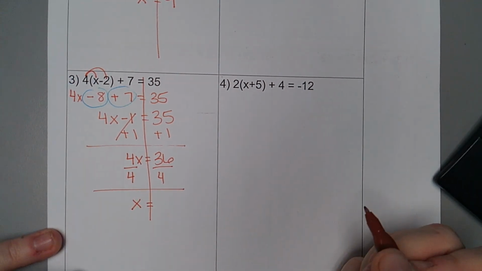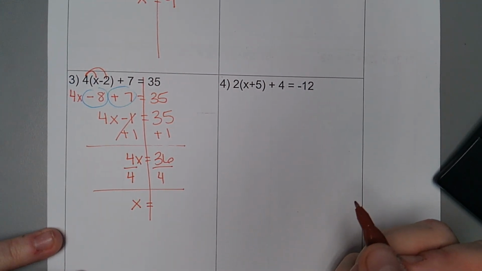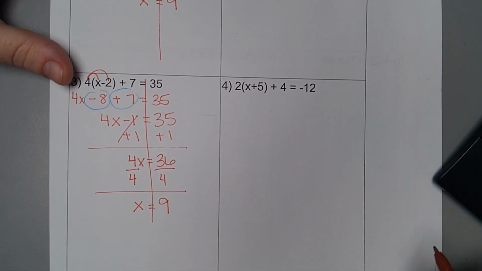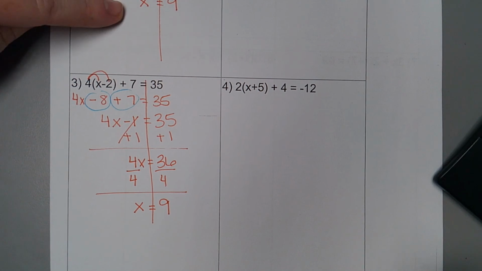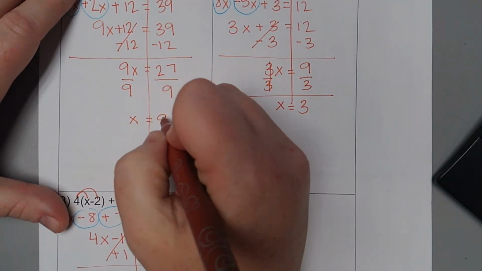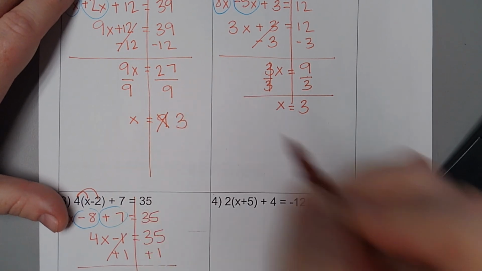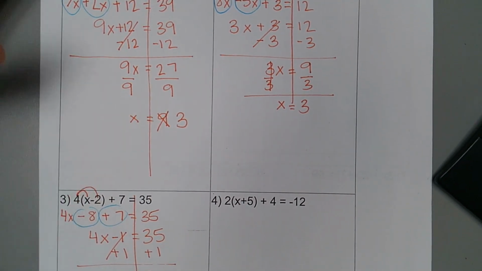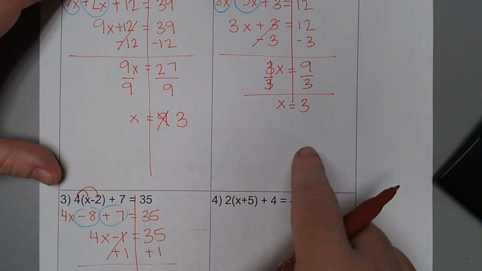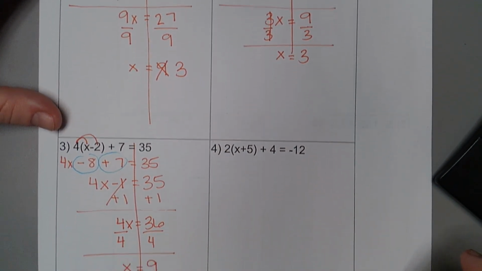X equals 9. Let's see, what did I do here? Maybe we're going to, this isn't 9. That's 3. So number 1, x equals 3. Okay, maybe we're going to have a couple that are the same.